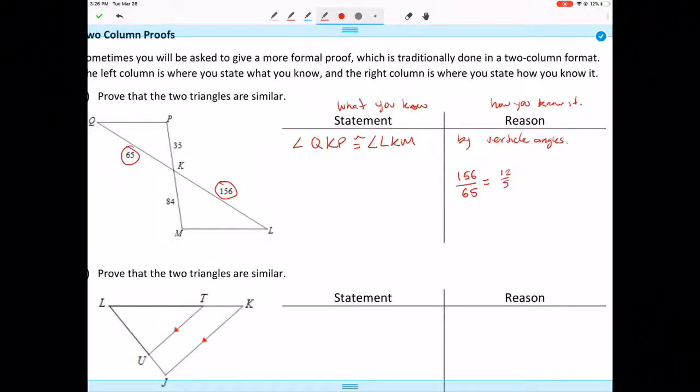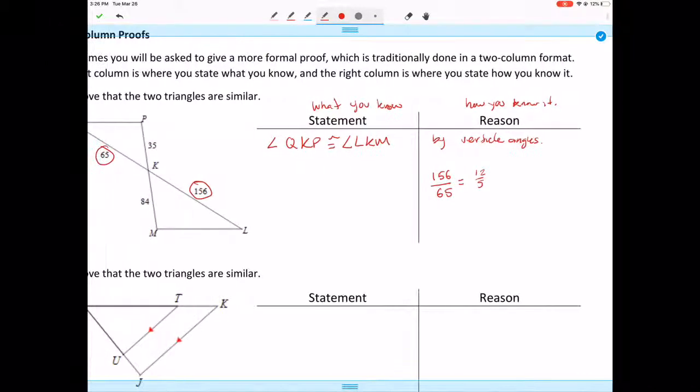Okay, and then we'd also want to find the other corresponding side, so 84 and 35. 84 divided by 35, which is also 12/5. And if you wrote it as a decimal, that would be fine. I think it's like 2.4. Okay, yeah, 2.4.